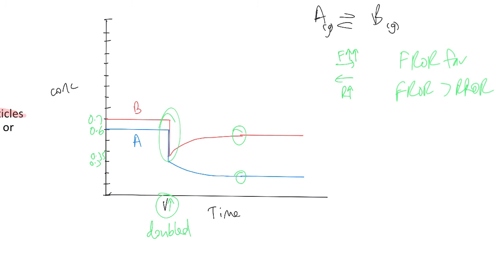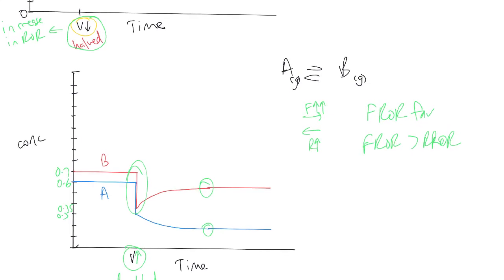If the forward rate of reaction is favored and both of the concentrations decreased, that means, where should I draw this? I'll draw this over here. They both decreased, but this one decreased more. Wait, no, what?